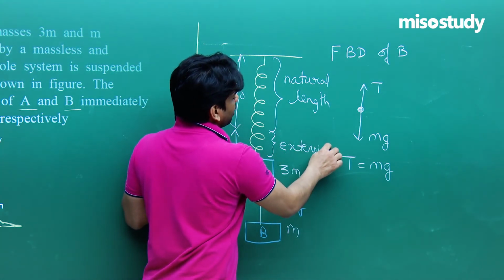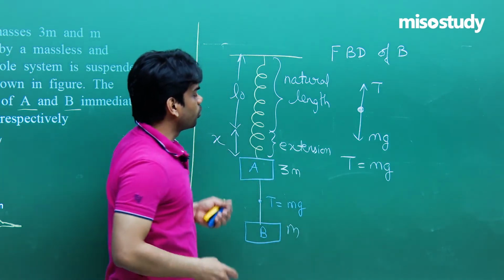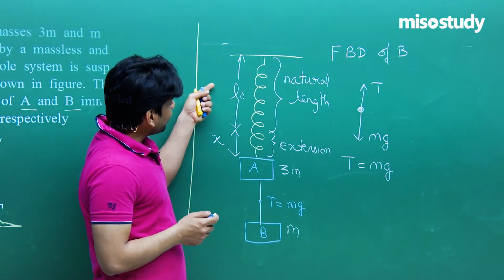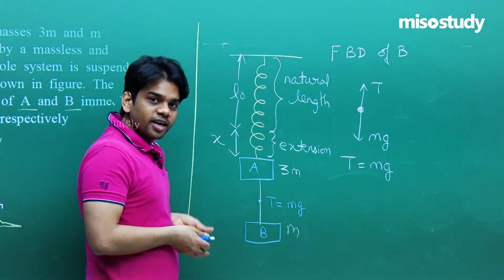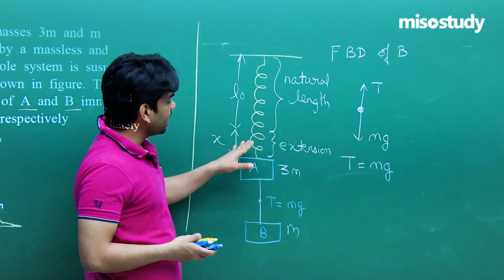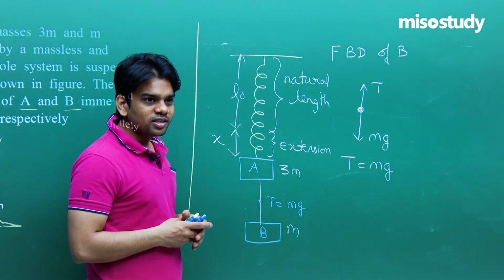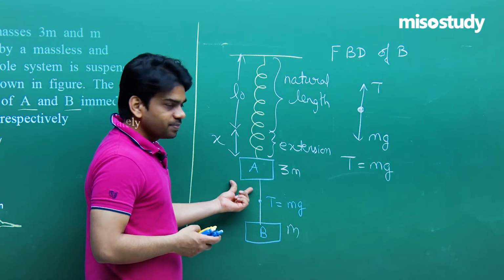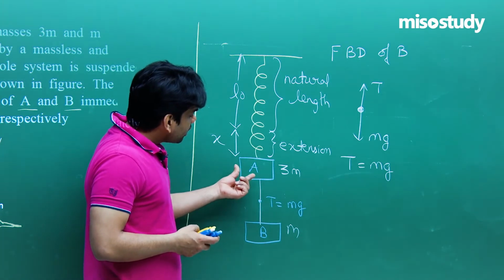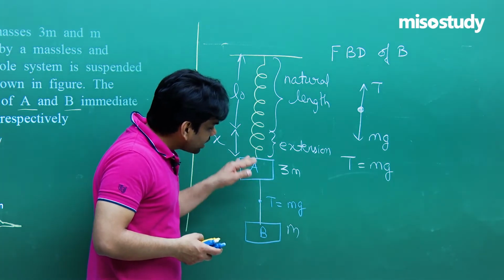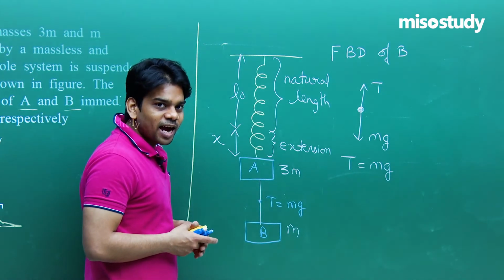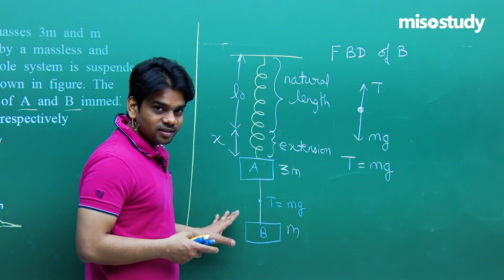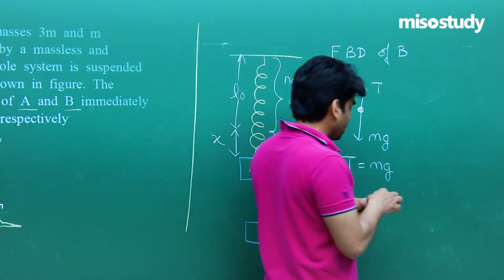I believe you all know how to use spring forces. The spring is pulling the object A upward with a force Kx, where K is the spring constant, and on A the force due to the string will be mg downwards because tension is acting on the block. Still we have not cut the string.